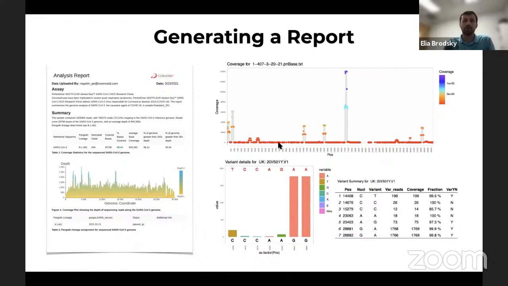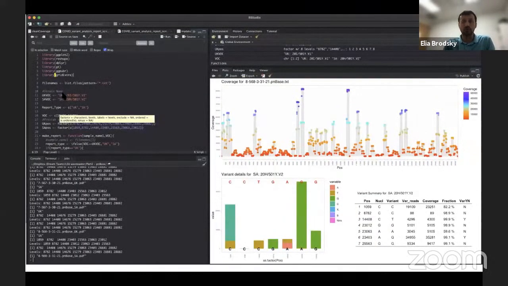To produce this report, we will go through the code and learn about some useful packages that are typically used for visualizing and performing statistical analysis of data, including ggplot2 and some other libraries for managing and working with your raw data, including looking at the specific positions that are associated with a variant, like the US, the UK, South Africa, and Brazil variants, including the Delta and the Delta Plus variants.